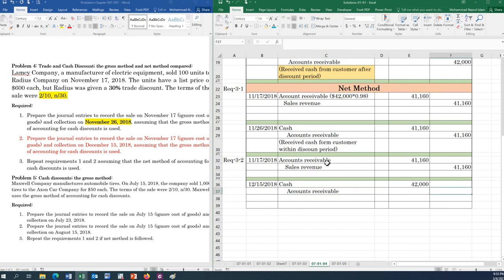So accounts receivable, we have recorded accounts receivable 41,160, so we'll be crediting this one, that's fine. And the remaining amount, meaning the discount amount, would be sales discount forfeited.